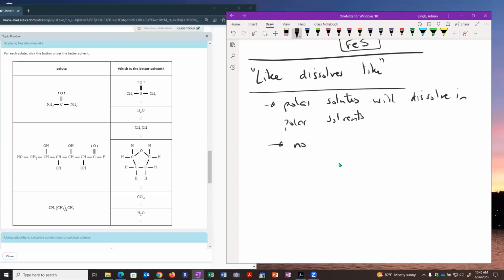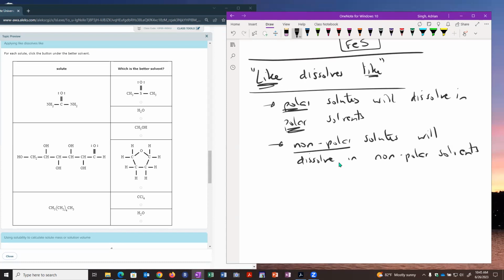And then we can also say that non-polar solutes will dissolve in non-polar solvents. So the polarity of the solute and solvent need to be the same. In other words, they need to be alike. So polar solutes dissolve in polar solvents, non-polar solutes dissolve in non-polar solvents.